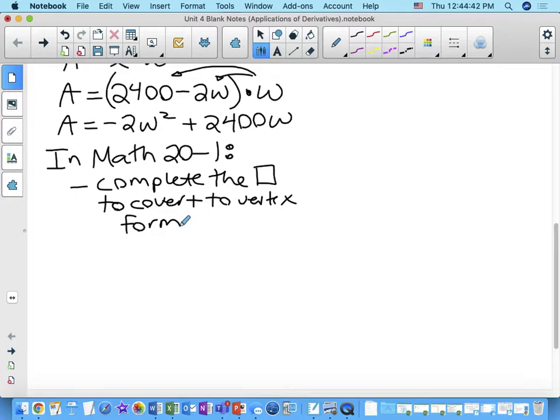Okay, so let's do that. I want to do it so that I can remind you how painful it is, so that you can appreciate how beautiful it is to do this with derivatives. Okay?